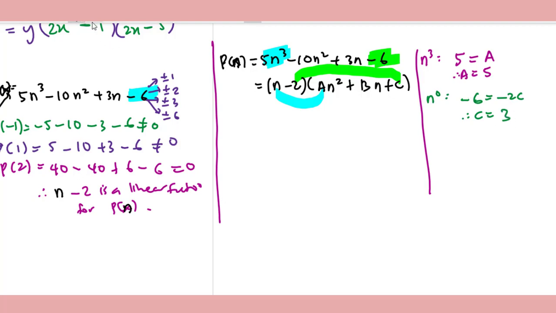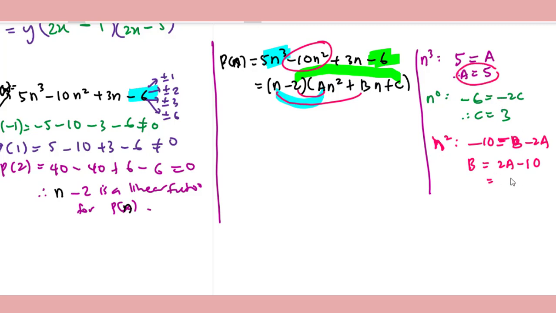So the next is compare n squared. The n squared coefficient is negative 10. So b and the other one is negative 2 times a, negative 2a. So b is equal to 2a minus 10, and a is equal to 5, so 10 minus 10 is equal to 0.